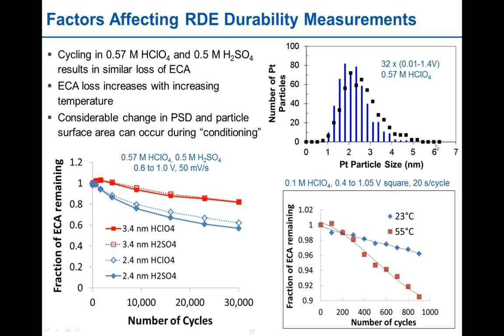So while you're actually measuring an increase in the ECA as you start to condition the electrode and remove contaminants from the surface of the platinum, you're actually changing the underlying surface area of the catalyst. Keep that in mind if you're in a conditioning protocol. Next slide, please.